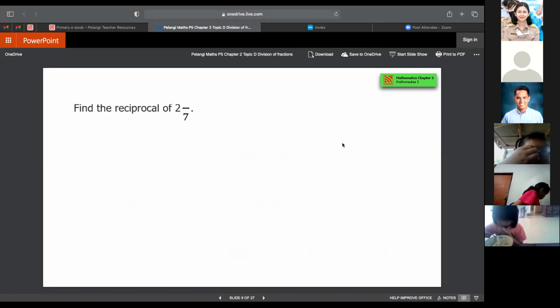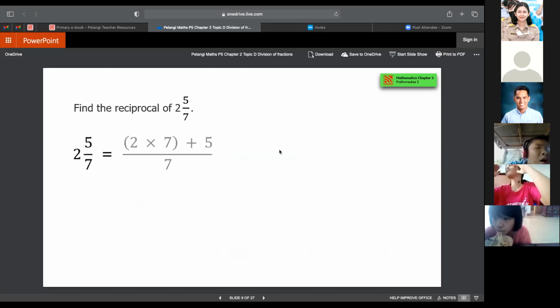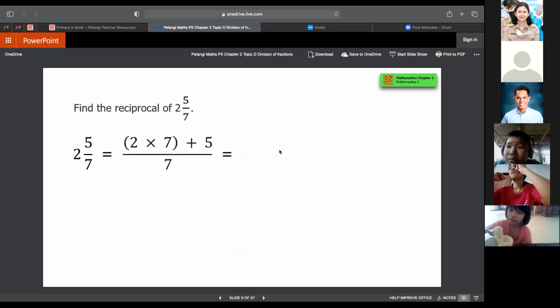Next. This one is a mixed number. How do we get the reciprocal of 2 and 5/7? First thing you have to do is change this to its improper form. So 2 times 7 plus 5 over 7, that is equal to 2 times 7, 14, plus 5 is 19 over 7.